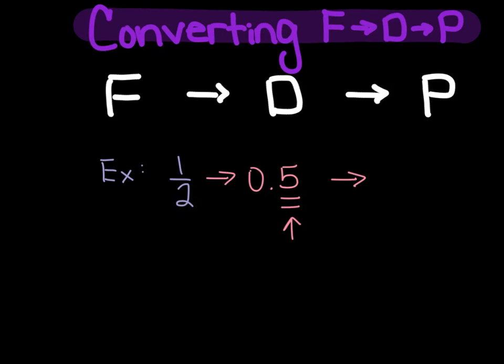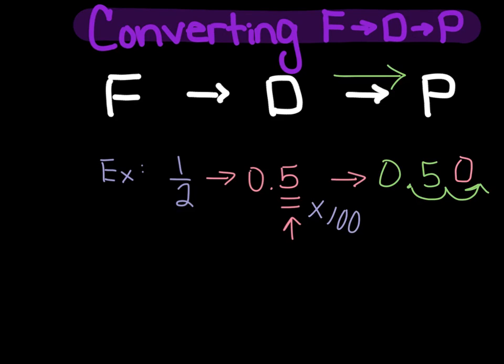Our little tongue twister: right twice, left twice. If we understand that we're moving from decimal to percent, then that should tell us that we're moving our decimal to the right twice. Why twice? Because percents are out of 100. So moving our decimal twice is the same thing as taking 0.5 and multiplying it by 100, which in both cases should give us 50%.